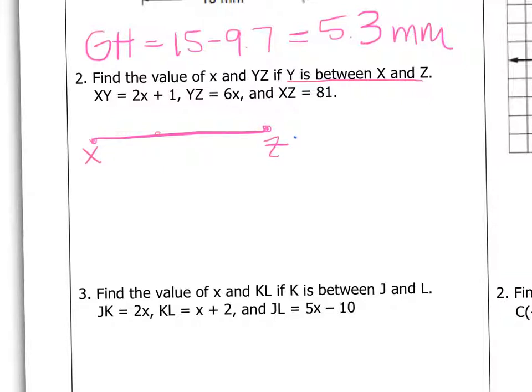Y is somewhere in between X and Z. We are told that the length of XY is equal to 2x plus 1. I'm going to write that expression next to the segment that it represents.